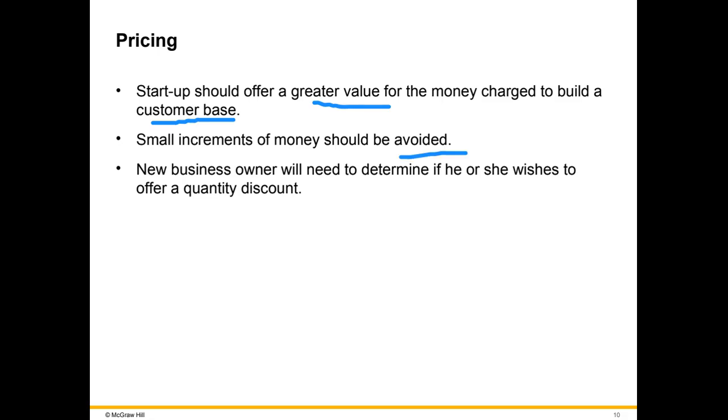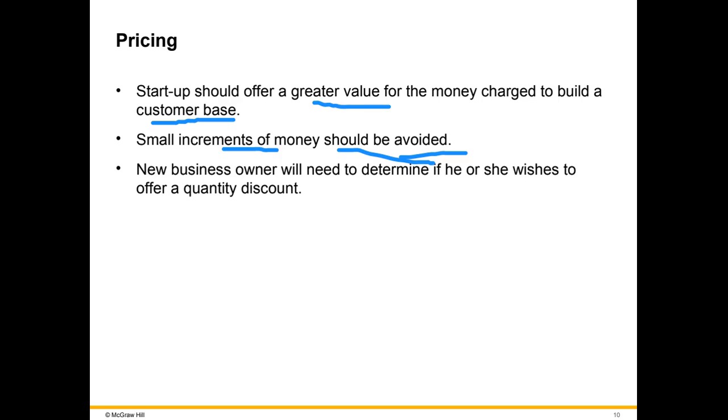If you're trying to increase money on a small basis, on a regular basis, that will send a negative image in the minds of the customers. So they will get confused. So the very first day, you should identify your target customers and just stay tuned to them.